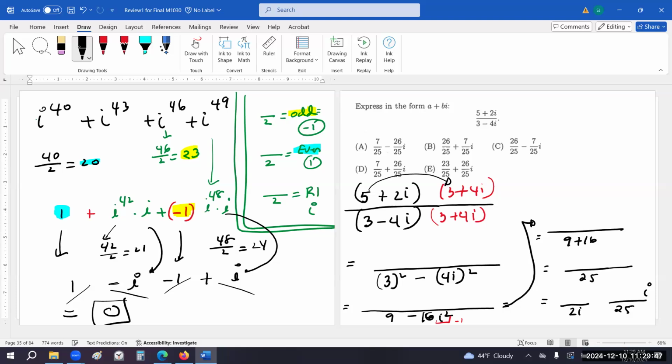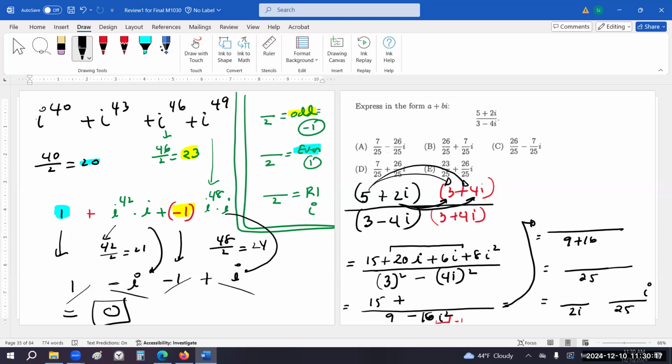Not always are you going to have the same denominator. So 5 times 3, 15, plus 20i, plus 6i, plus 8i squared. So 15.